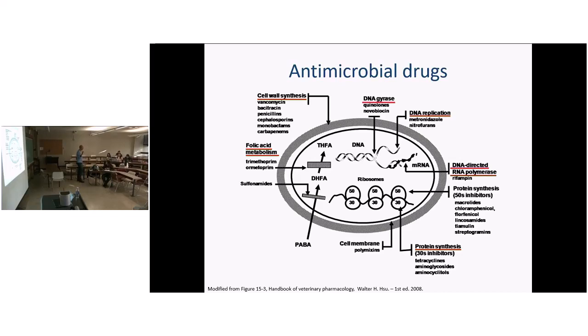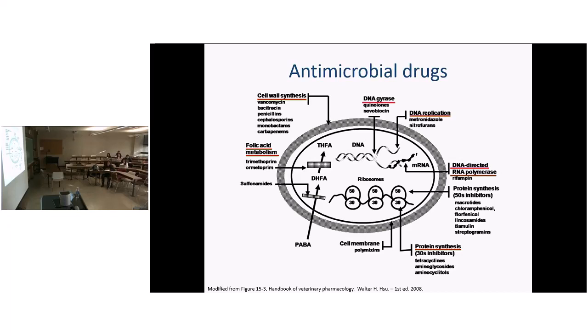So for example, if in one of the cases you have something that is very toxic to the kidney, or you have a kidney that is damaged already, and you have a drug that depends a lot on the kidneys for excretion, that's a problem.